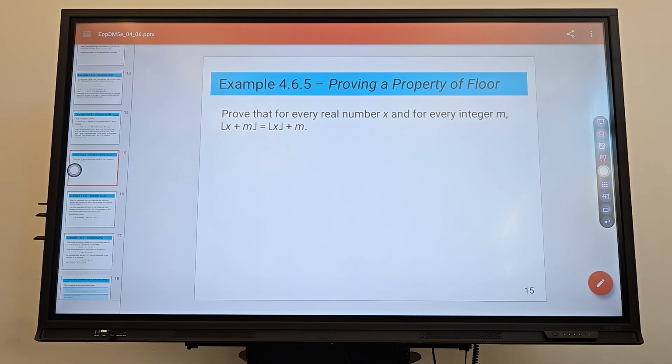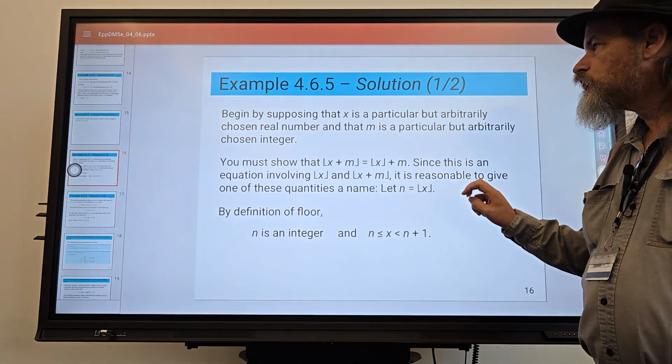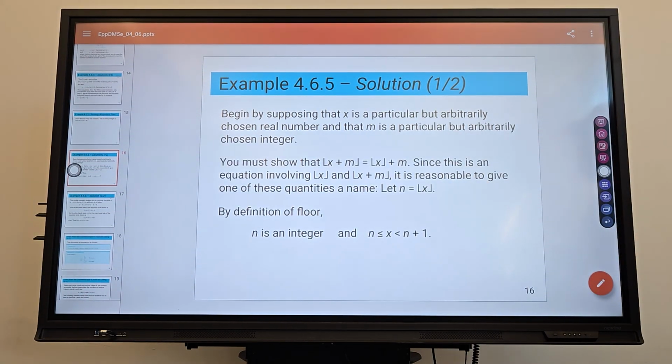Prove that for every real number x and for every integer m, the floor of x plus m equals the floor of x plus m. The proof begins by supposing x is a particular but arbitrarily chosen real number and m is a particular but arbitrarily chosen integer.